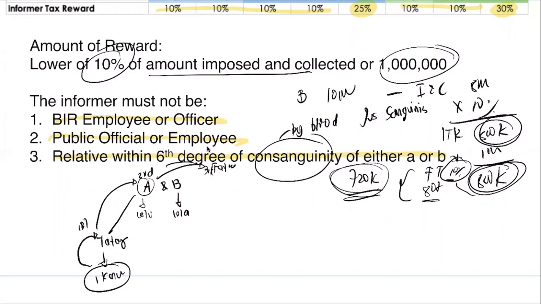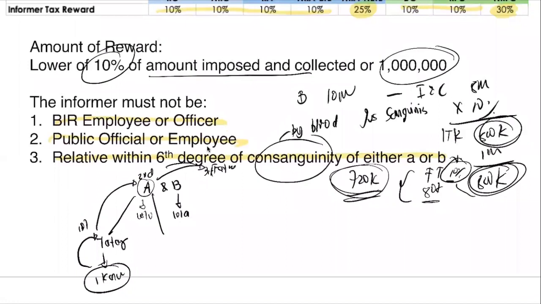Clear? Tapos, meron uli silang kapatid. So, kapatid ng tatay mo, kapatid ng tatay. So, if ever we want to draw from tatay to kapatid ng tatay, ilang degree yan? First to tatay, second to lolo, third to kapatid ng tatay.